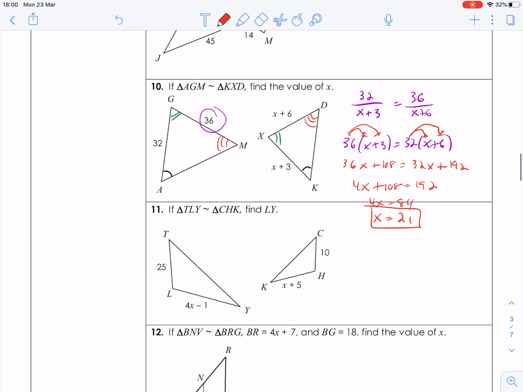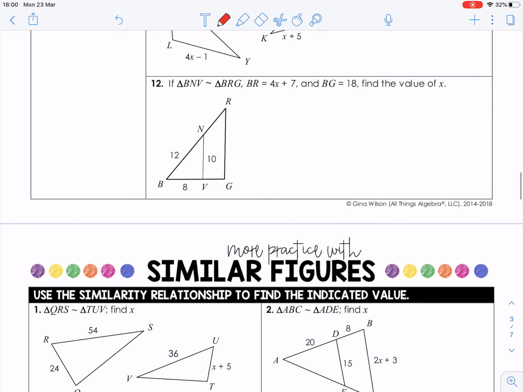Not bad. All right, number 12. Here we go. So, if they are similar, sometimes it's easier if you break these apart, I find. So, when we get this in black, keep it consistent. We get B, N, V, and we get B, R, G. Sometimes that makes it easier.